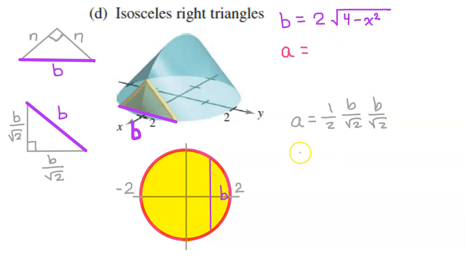So that's going to give us a is equal to b squared over, and radical 2 times radical 2 is 2. And then we still have this 2. In other words, a is b squared over 4. Actually, I think I'd rather write this as 1/4 b squared.